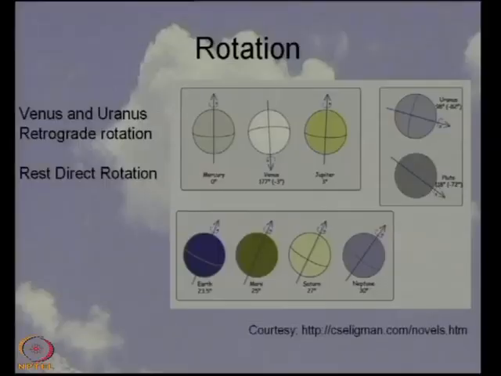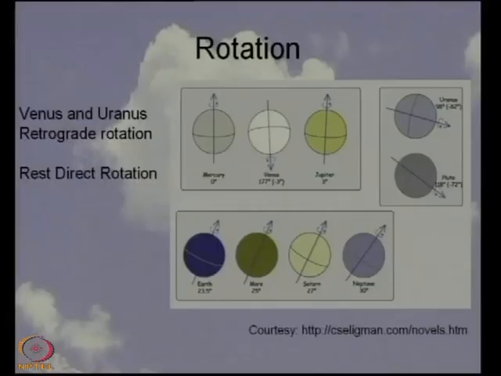The Earth, if you look from the north pole, is rotating counterclockwise, it is also revolving in the counterclockwise direction. So the two angular momentum vectors are in the same direction. Okay. This is called direct rotation. So the rotation and revolution are in the same direction. It is called direct rotation, and most of the planets show this.